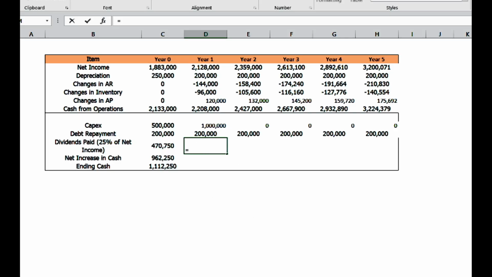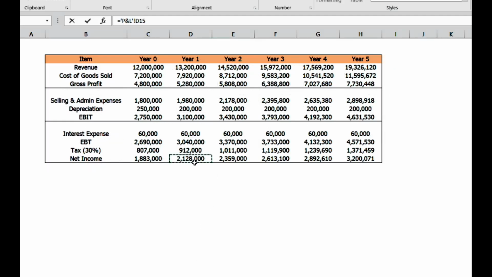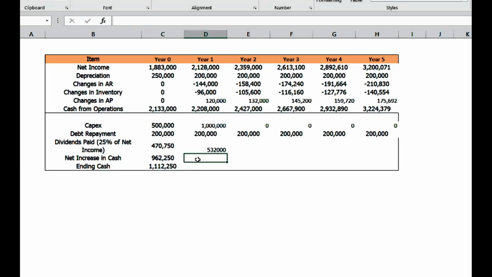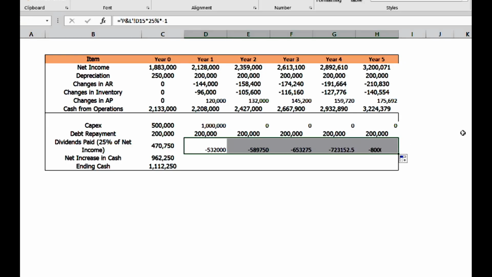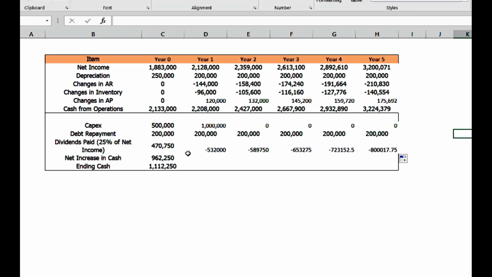From year 1, I'm taking the net income into 25%. Here it is coming as a positive number, but because it's a cash outflow, it should be a negative number. So I'm just multiplying with minus 1. So this is my dividend payment.